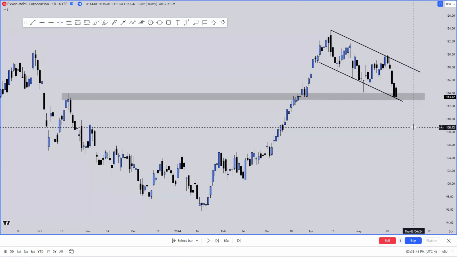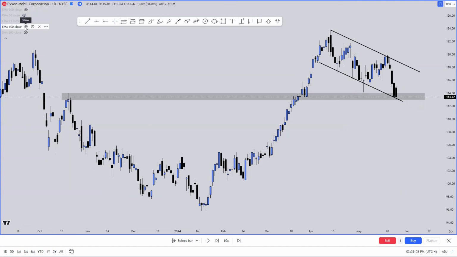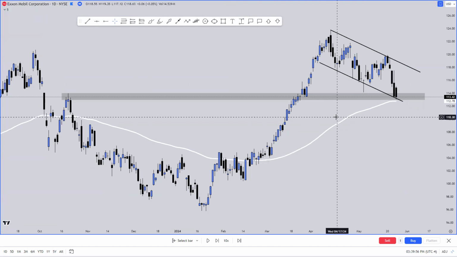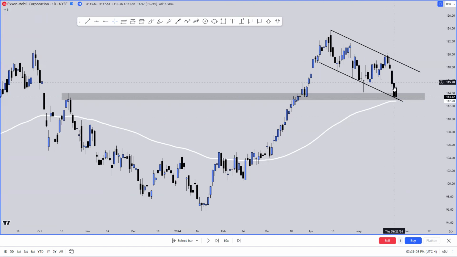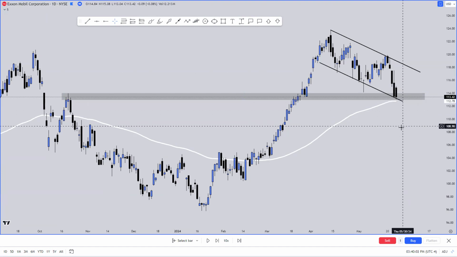So what else did I see that made me want to take this trade? If I pull up my EMA right here, this is the 100 EMA, exponential moving average. You can see the price came right down into the 100 EMA.